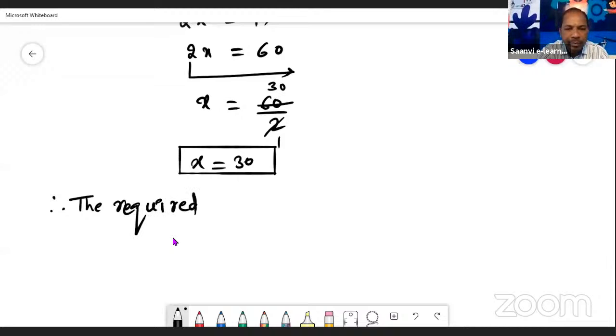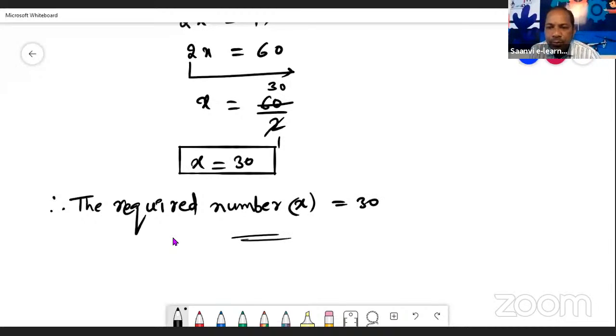Therefore the required number, that number we have taken as x, how much have we got? 30. Okay, this is the answer, children. So have you all understood this problem? Okay, very good, children. Shall we go to the next problem? Yes. Right. Let us see what is given in the next problem.